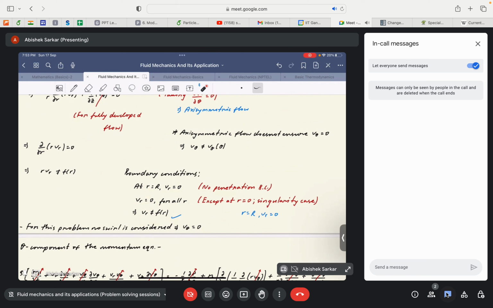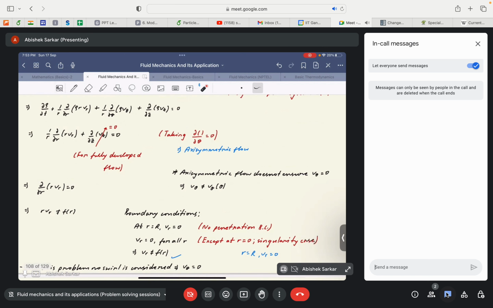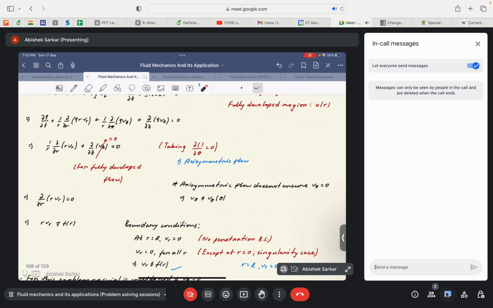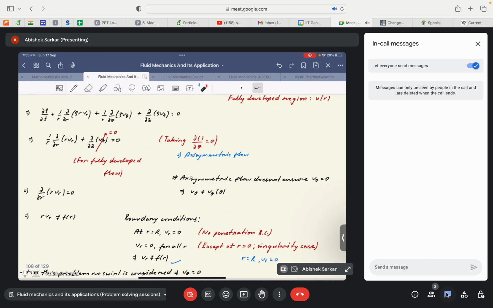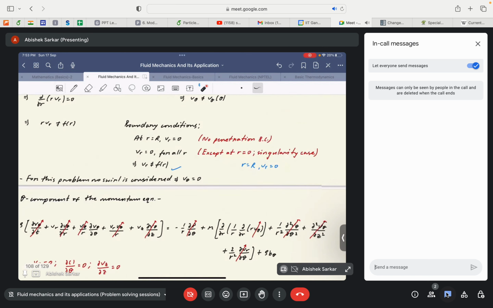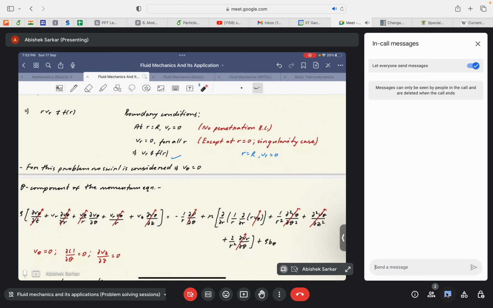So it essentially tells us that after applying certain assumptions, we can simplify the flow through a pipe as a one-dimensional flow. That is the sole purpose of taking this number of assumptions, so that the flow can ideally be taken as one-dimensional, which in turn simplifies the mathematics a lot, and helps us get an analytical solution, which gives us an understanding of how the flow behaves in the case of a pipe flow.